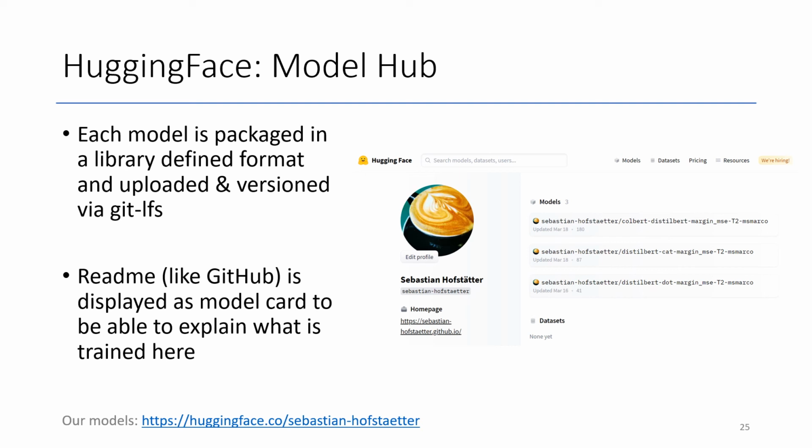Each model is packaged and uploaded via Git LFS, and you can also add a README, which is like GitHub displayed as a model card to be able to explain what you trained. And to show how easy it is, we actually also uploaded a couple of models, and if you want to know more about them, you can check them out on the HuggingFace Model Hub.